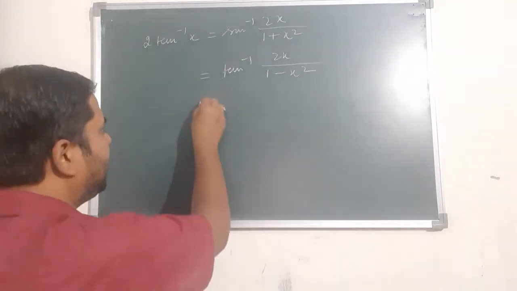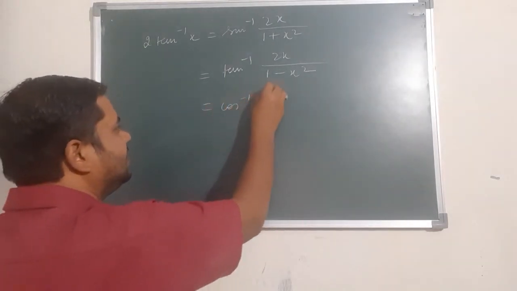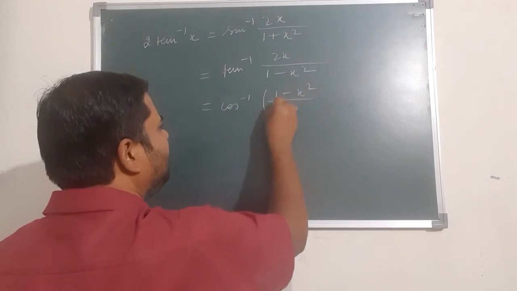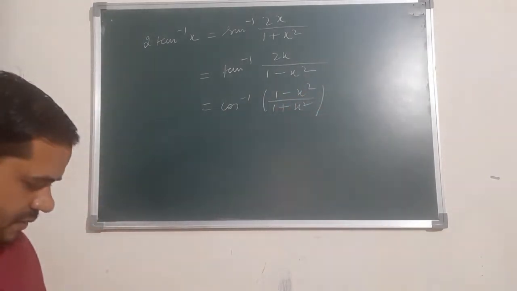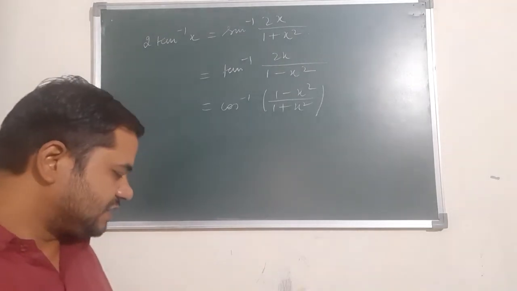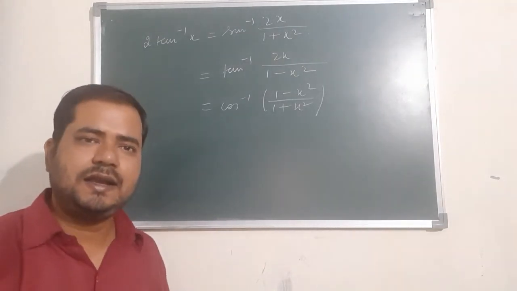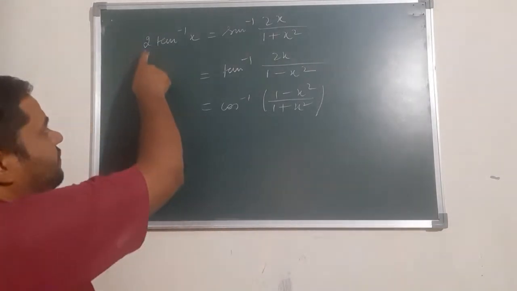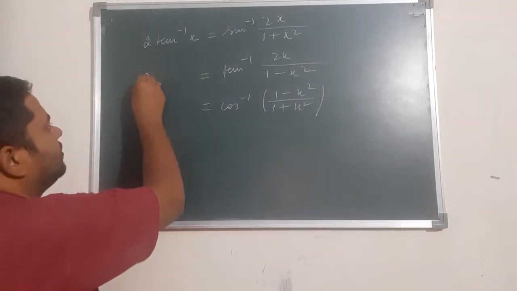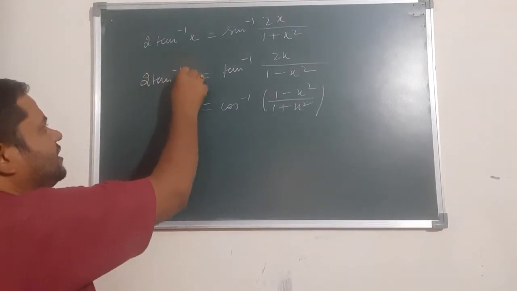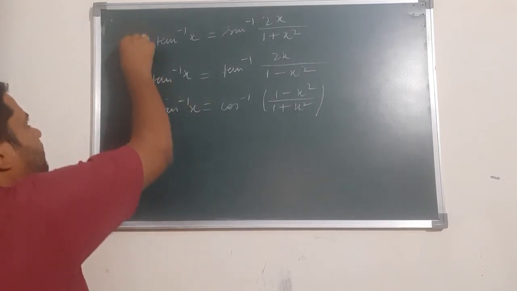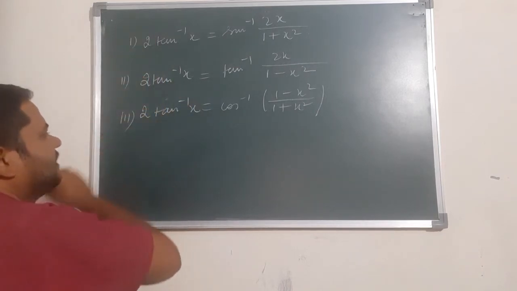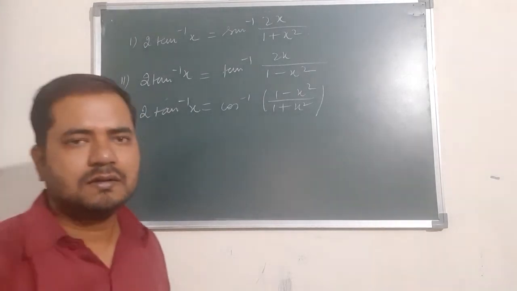But if you write it in cos inverse, this is 1 minus x square upon 1 plus x square. Clear? Sin inverse, cos inverse, and tan inverse, this is the same formula: 2 tan inverse x, first, second, and third. Clear?